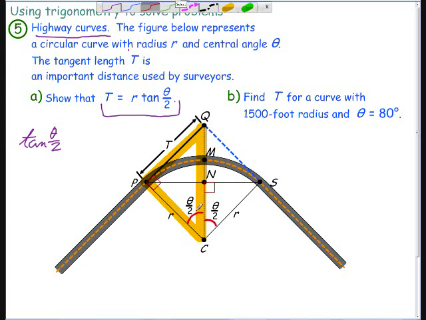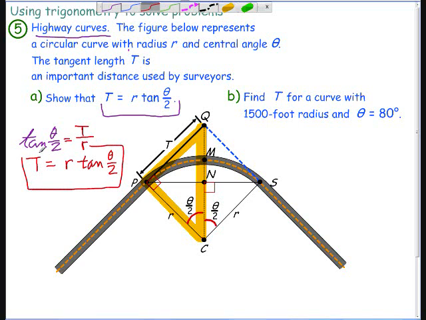So we don't worry about the hypotenuse in the case of tangent, do we? We are only looking at the opposite, which is t, divided by the adjacent, which is r. So this is pretty easy to do, isn't it? T, therefore, is going to be equal to r times the tangent of the half angle.